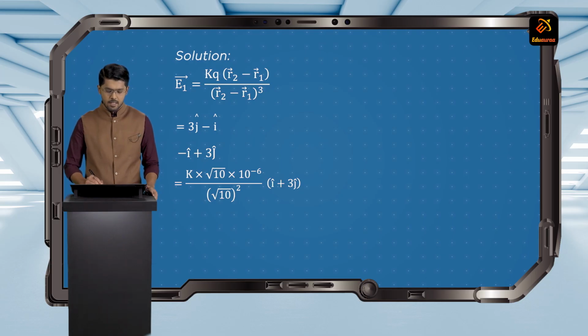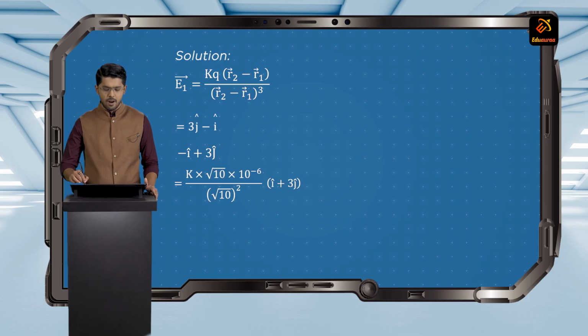So let's write that as (root 10) whole square multiplied by root 10, which would ease us in the simplification, and multiplied by the vector R2 minus R1, which gives us minus i cap plus 3 j cap. So this is the electric field vector by Q1 at this point on the y-axis.